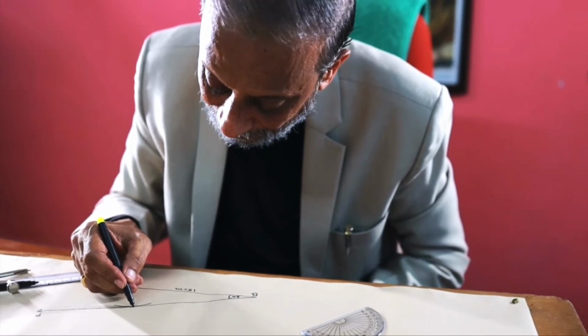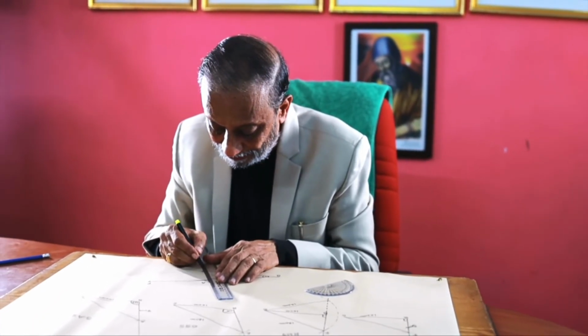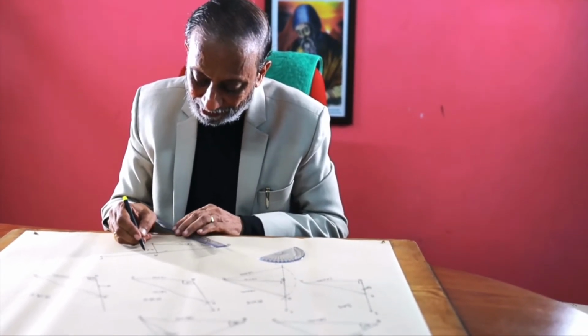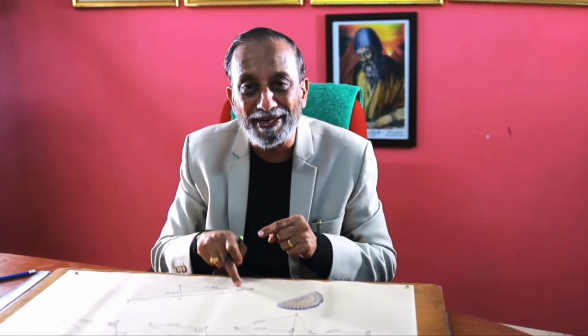It is touching here. Let us call this point A. Now if you join A and C, you are going to get only one triangle. So if two sides and not an included angle are given, then also we are getting a unique triangle.